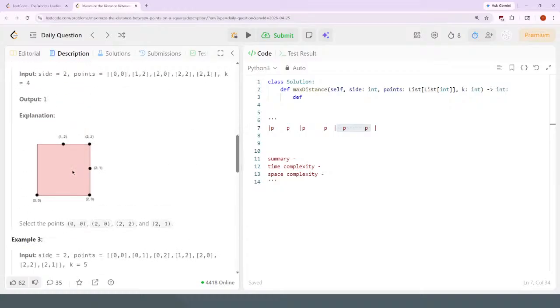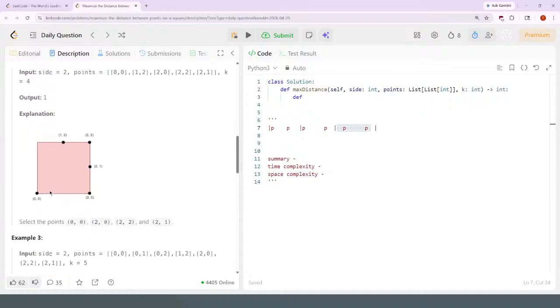But if the point started here, then the maximum would be 1.75, 0.25, 2.25, 2. What am I thinking here? From here, 1, 2, 3. From here to here would be 3.5.